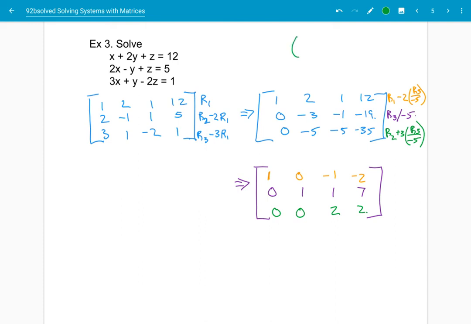I'm supposed to be getting 2, 3, and 4 as my answer, and I'm already showing a Z of 1 instead. So I feel like I made a mistake here. Oh, I'm going to pause the video and figure it out.